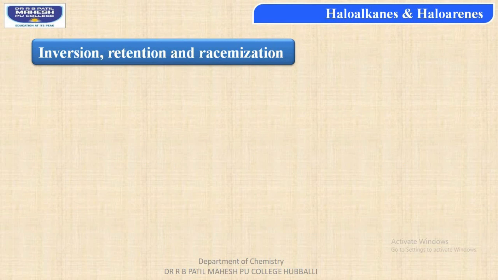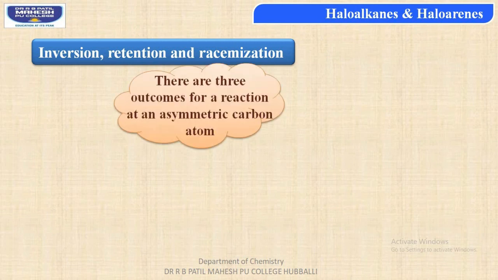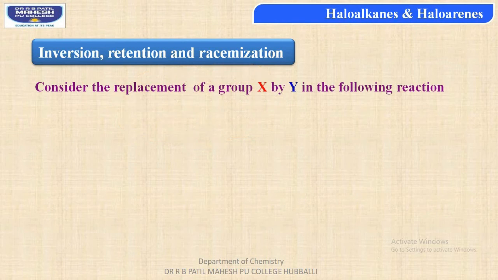Now students, let us consider inversion, retention and racemization. There are 3 outcomes of a reaction at an asymmetric carbon atom. First, consider the replacement of a group X by Y in the following reaction.